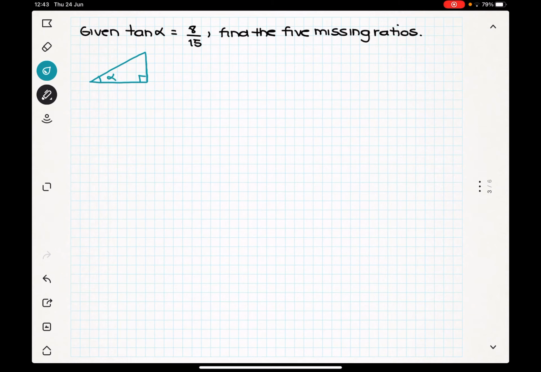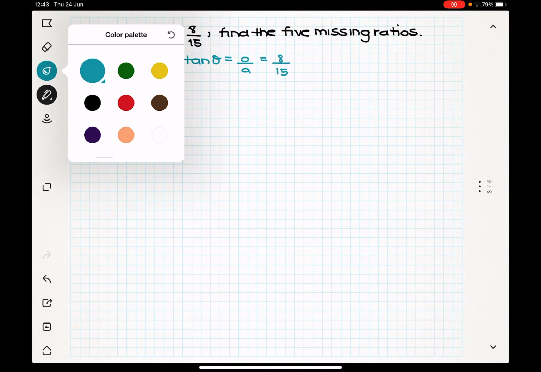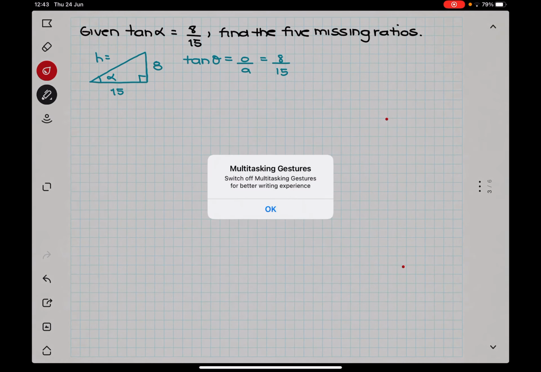This angle is named alpha, and I have 8 over 15. So if I have 8 over 15, tangent is going to be opposite over adjacent. This is 8, this is 15. So the hypotenuse is the one that I do not know, right? So let me just write the ratios over here.